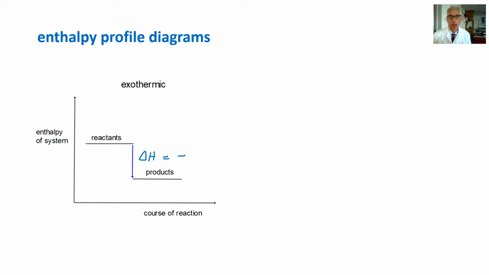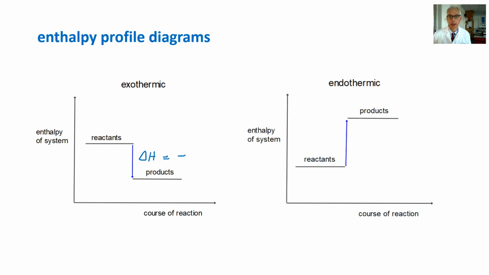If that is for an exothermic reaction, can you draw the enthalpy profile diagram for an endothermic reaction? Pause, complete that task. So here is the enthalpy profile diagram for endothermic. The reactants have less energy than the products.